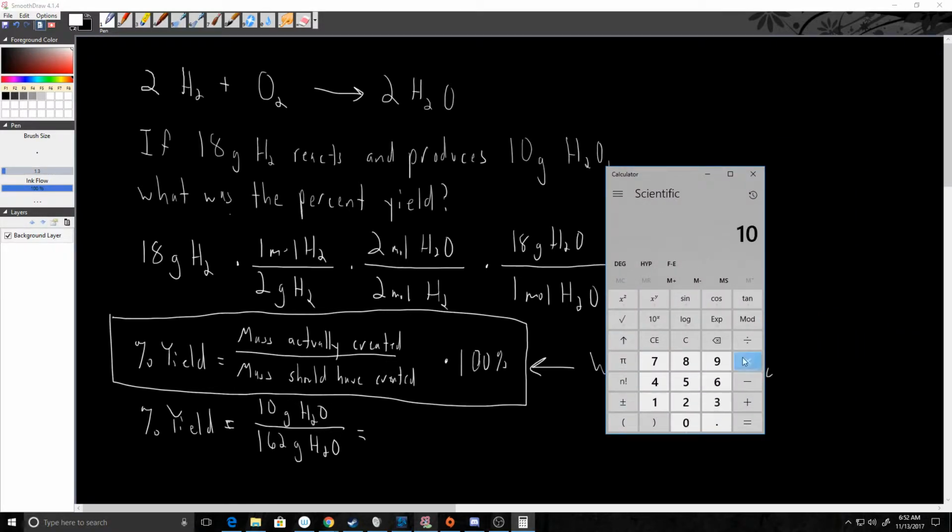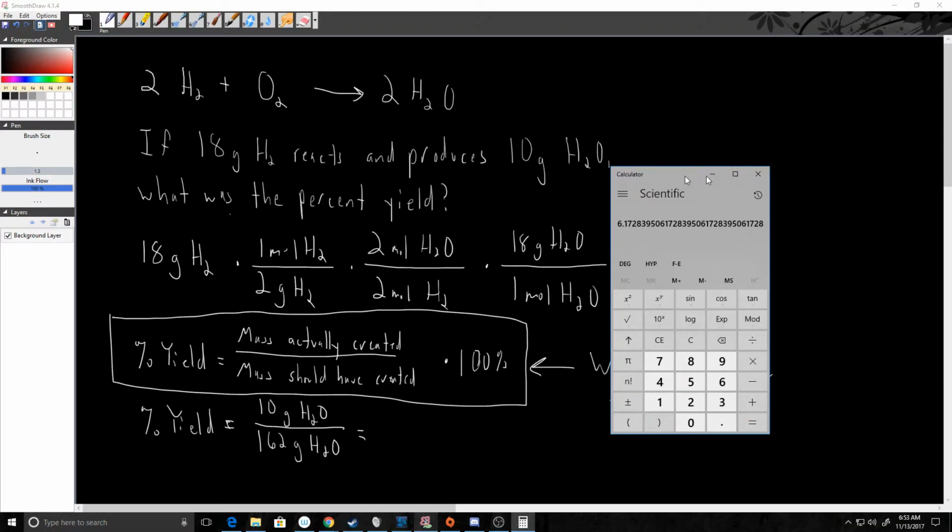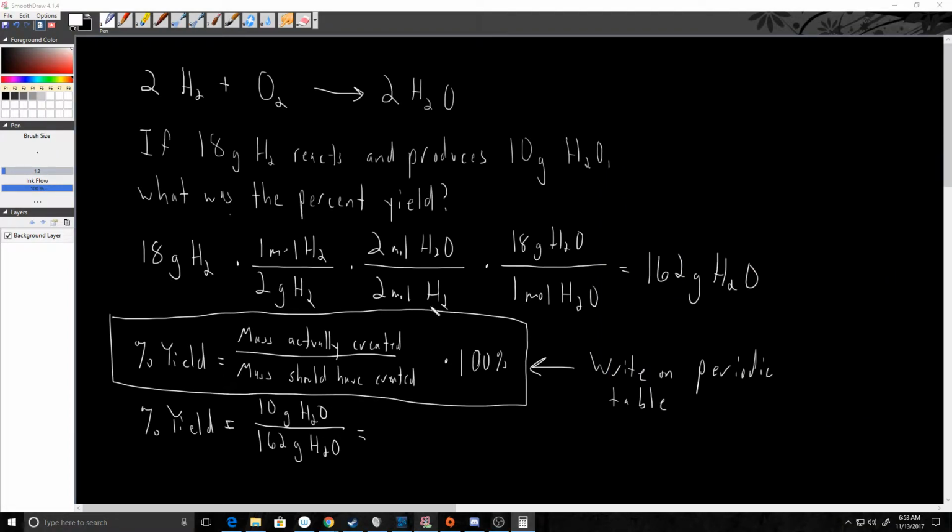I have 10 divided by 162, and then take that times 100%, which equals 6.2%. All right, so that's the percent yield for this reaction.